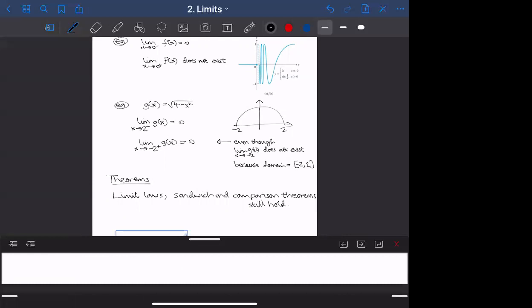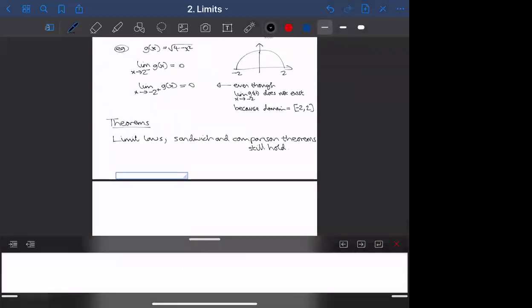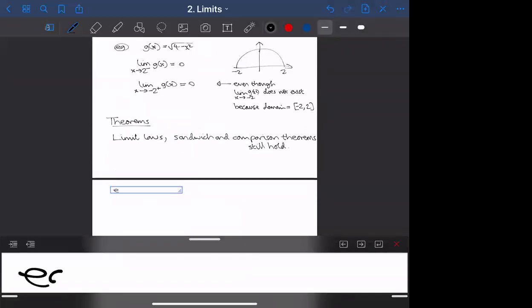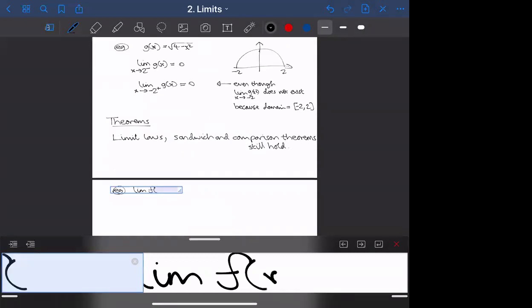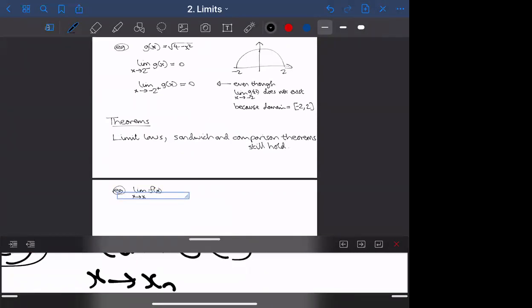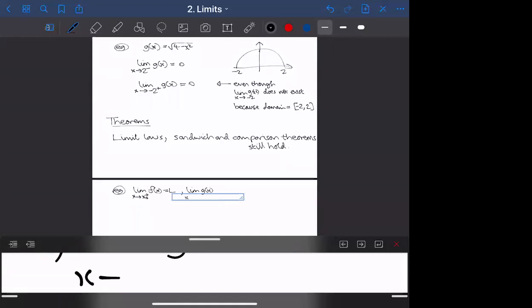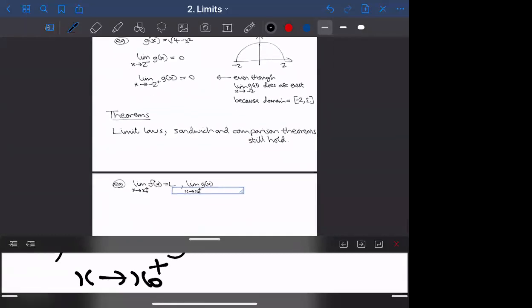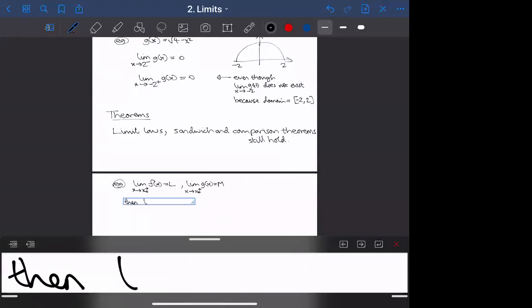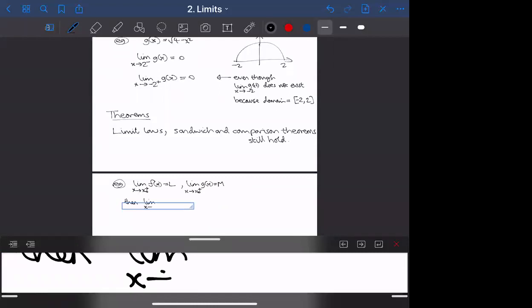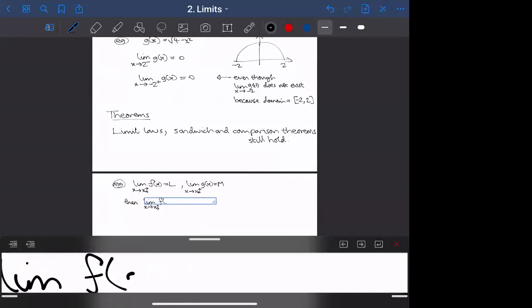Okay. So for example, if the limit of f(x) as x goes to x0 from the right is L, and the limit of g(x) as x goes to x0 from the right is M, then the limit of the sum equals the sum of the limits.